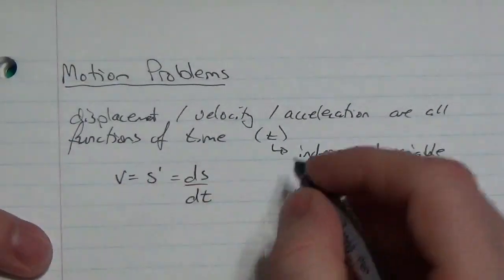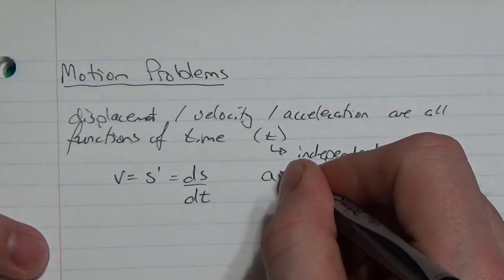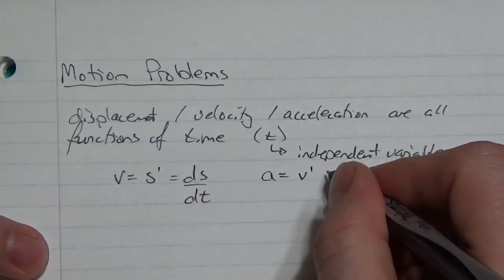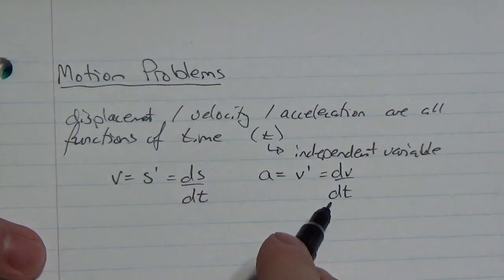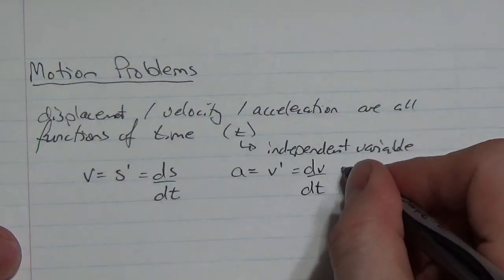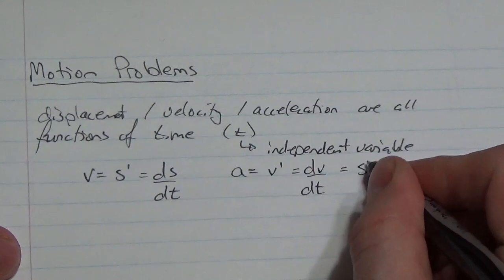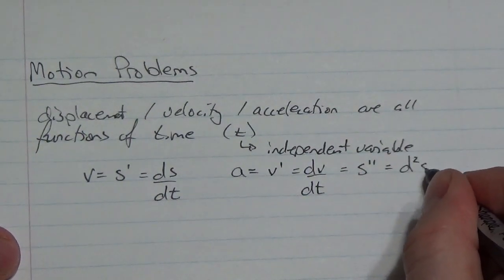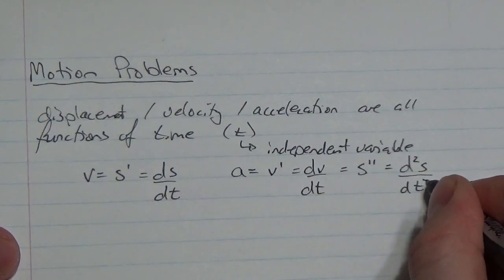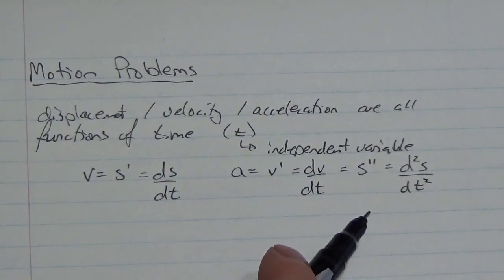Now, at the same time, acceleration is the derivative of velocity with respect to time as the independent variable, and that means it's going to be the second derivative of displacement, and that's going to look more like this, the second derivative of displacement with respect to time.